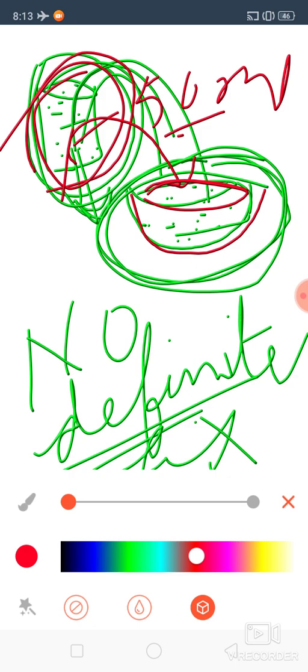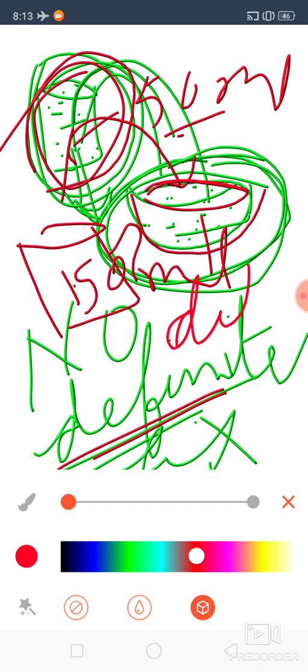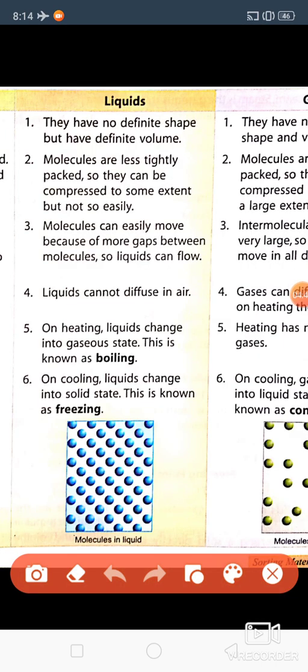Whether you keep it in a glass, in a bowl, or in a big jug, it will remain 50 ml only, isn't it? So it has no definite shape but has definite volume. This is your liquid portion.